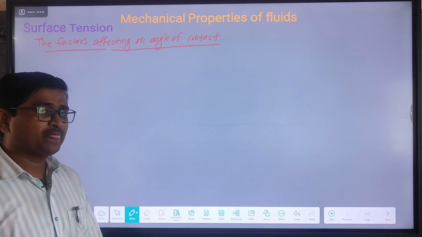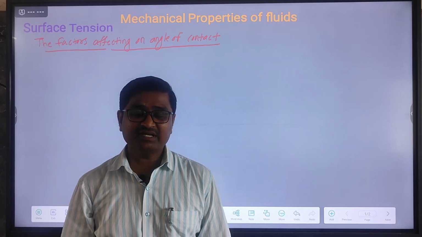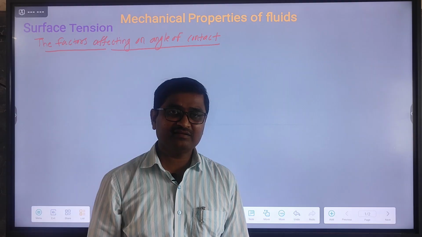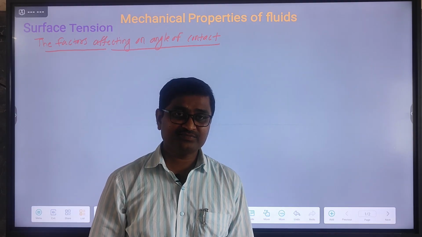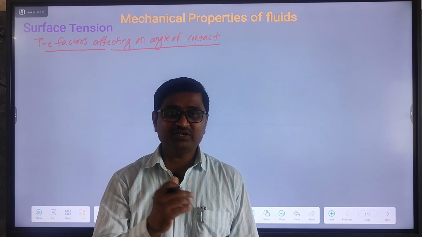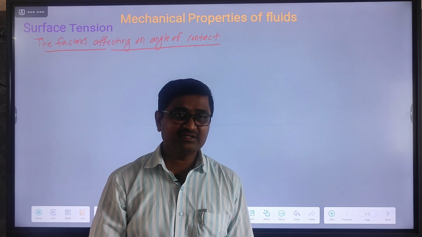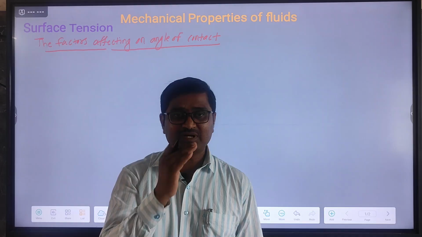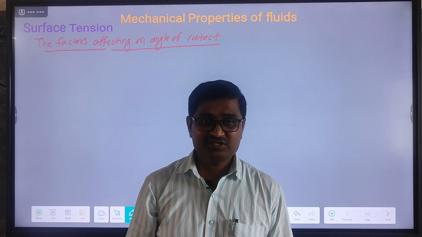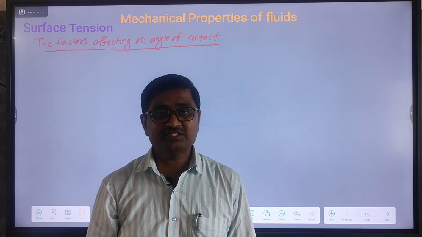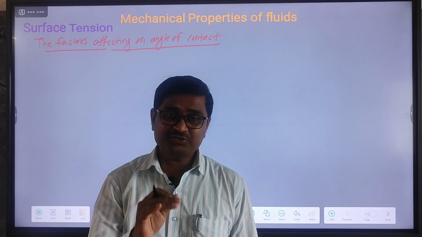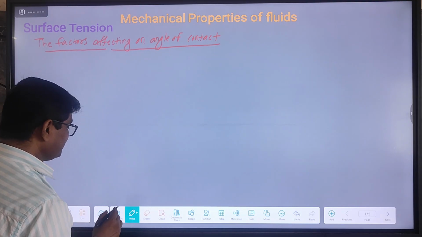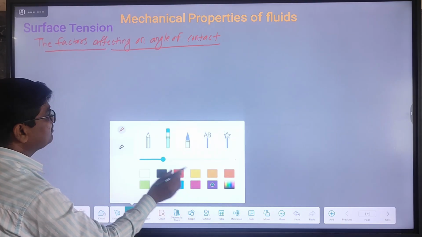You know that when a solid is in contact with a liquid like kerosene, an oily liquid, the angle of contact is acute. When the solid is in contact with mercury, another type of liquid, the angle of contact is obtuse. And when the solid is in contact with pure water, the angle of contact will be 0. It means the angle of contact depends upon the nature of liquid. If the nature of liquid changes, the angle of contact also changes. So we get the first important factor.